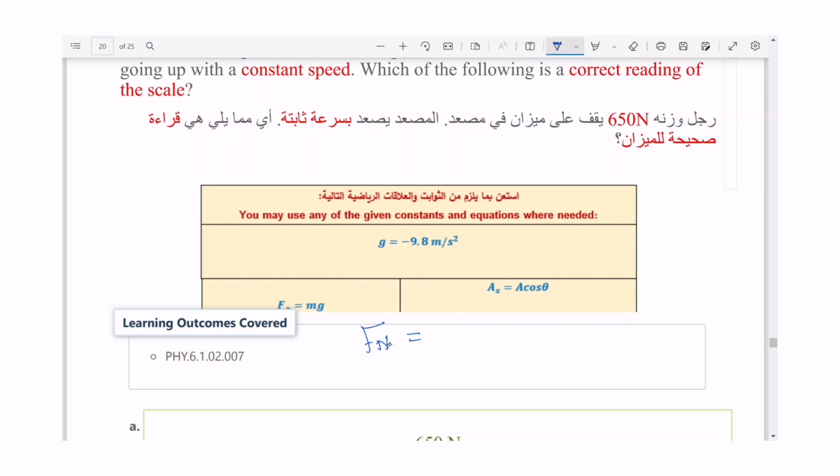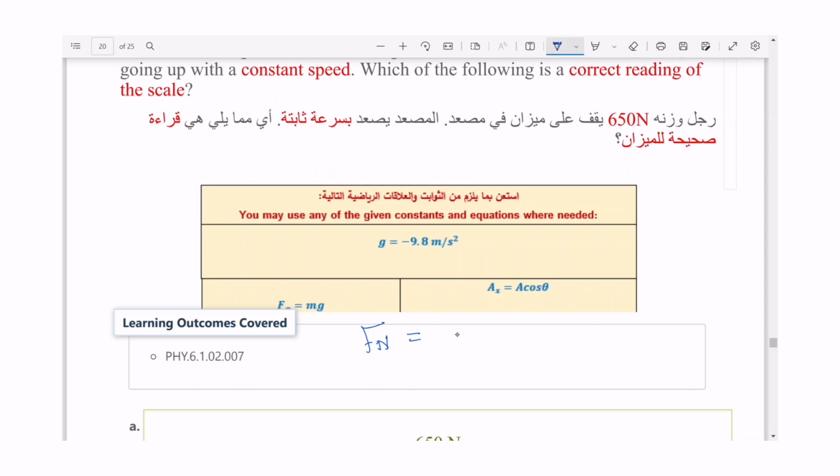When you stand on a scale to measure your weight, the reading on the scale will be the normal contact force acting on you.